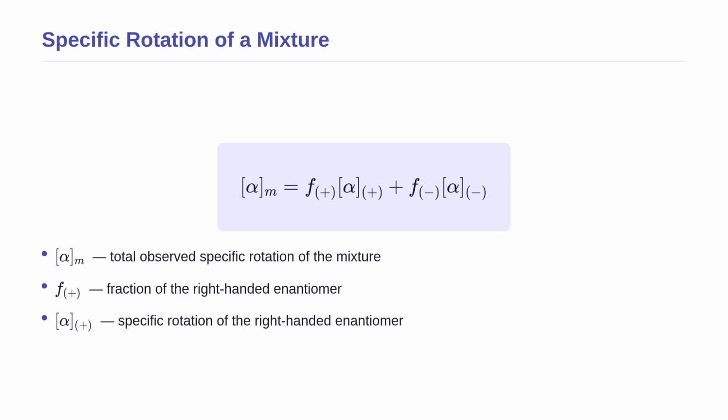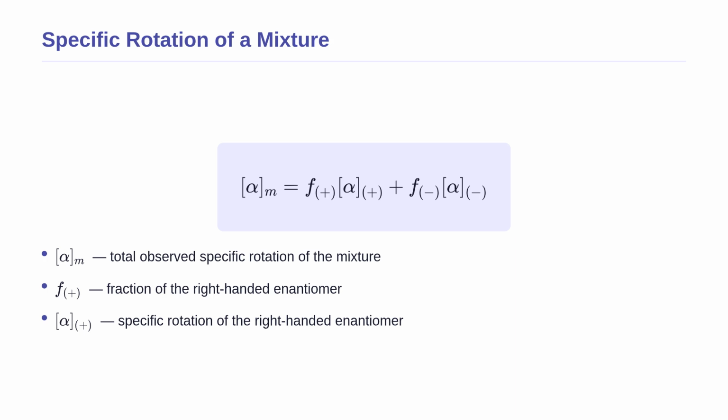To truly understand this cancellation, let us look at the mathematical formula for the specific rotation of a mixture. This formula comes from the idea that the total rotation is just the sum of the individual rotations contributed by each part. In this equation, alpha sub m represents the total observed specific rotation of the mixture.